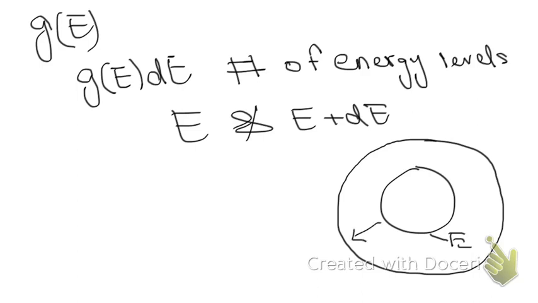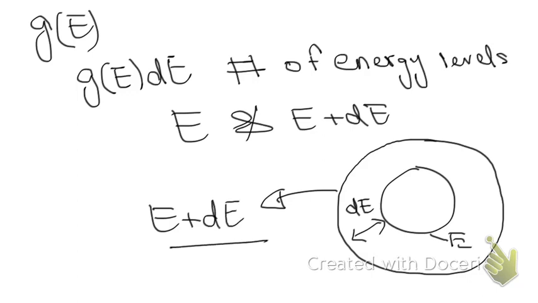The difference between these two is some dE, and this over here is then E plus dE. Okay, so with this, the total rate is then given as the integral over all of the rates.